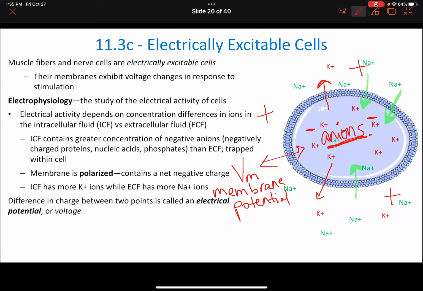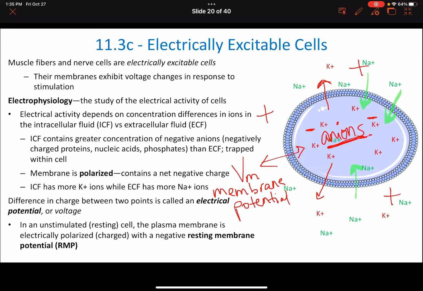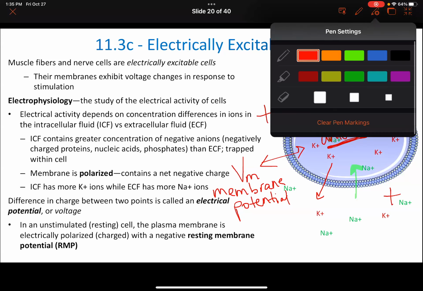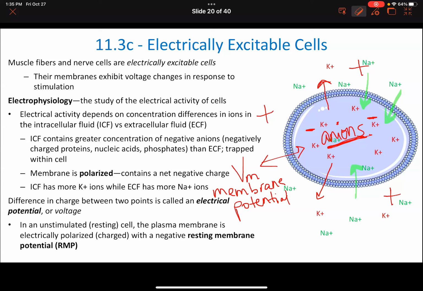All right, so our membrane potential at rest, when nothing is changing, nothing's allowed to move, no sodium, no potassium are moving, is a net negative charge. And we call this, again, a resting membrane potential. This also can be considered a non-stimulated cell. So I drew here these arrows to represent the driving force of these ions. But when we're talking about resting membrane potential, there is no movement because the cell is not stimulated to allow ions to move.